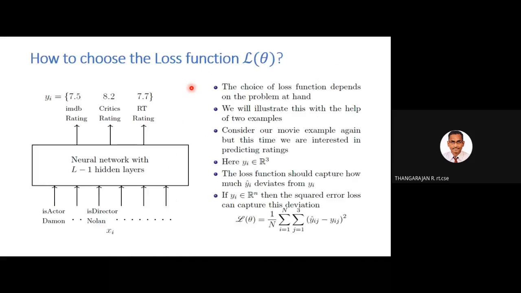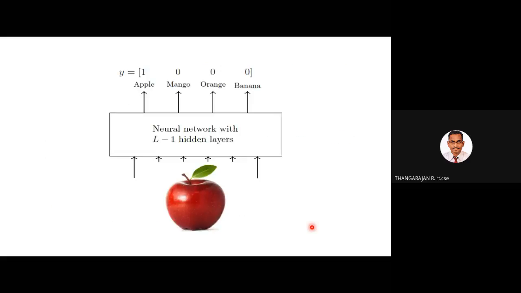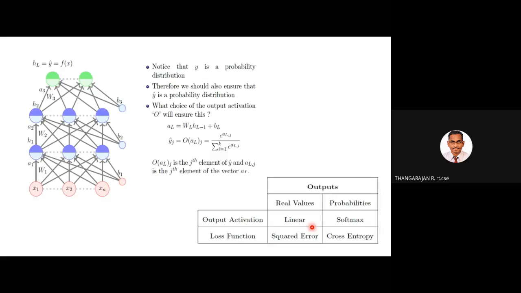Whereas in this case the outputs are real, so the activations are linear, but the comparison is mean squared error. So this you have to remember: mean squared error and cross entropy. I think you will not have any doubts till now.